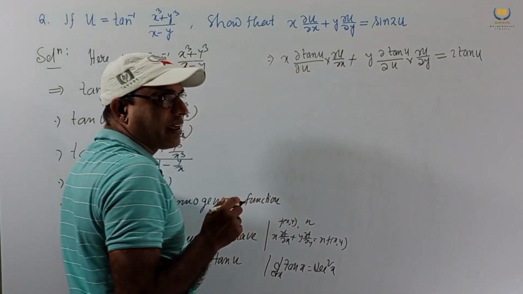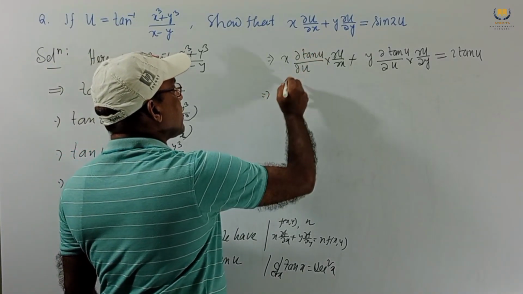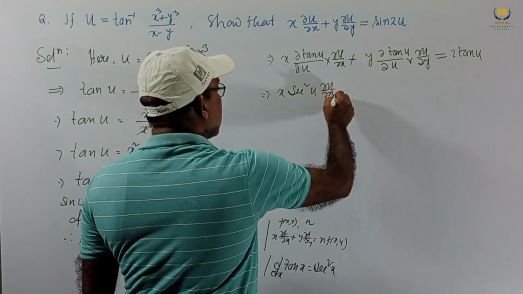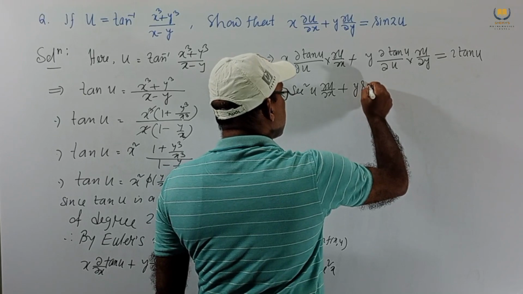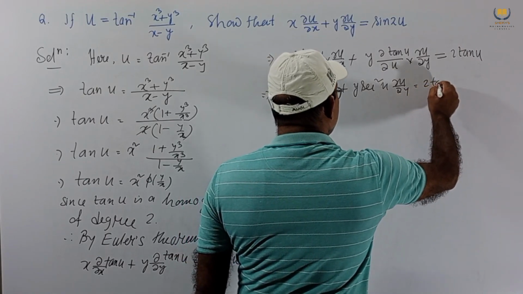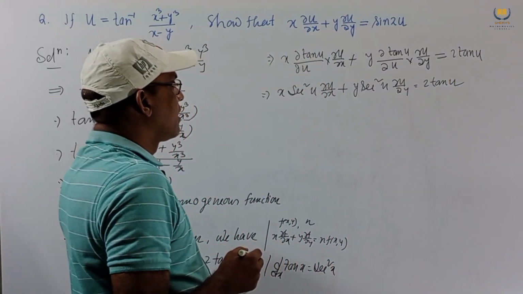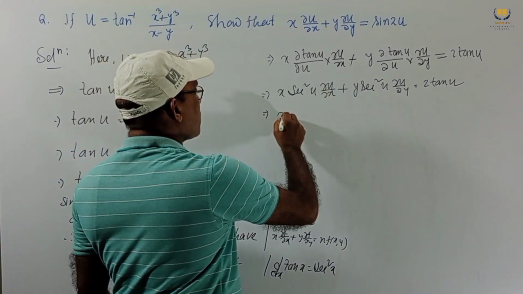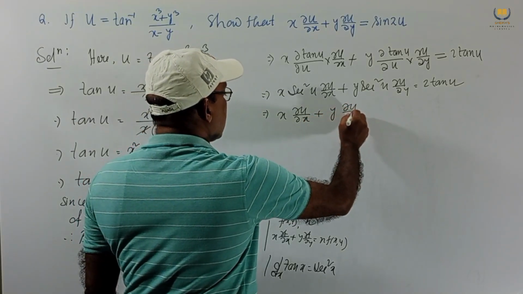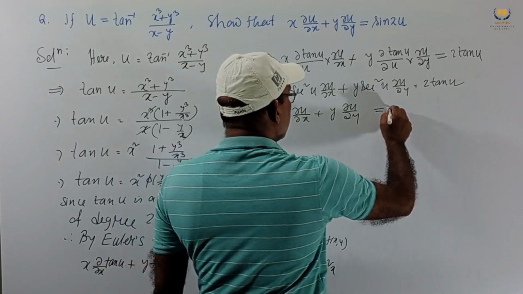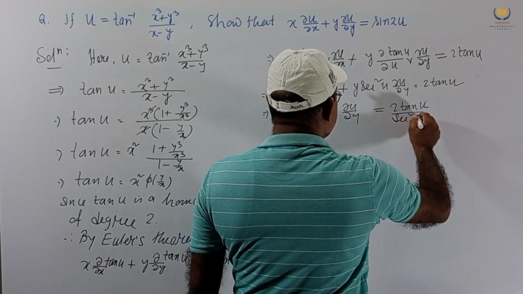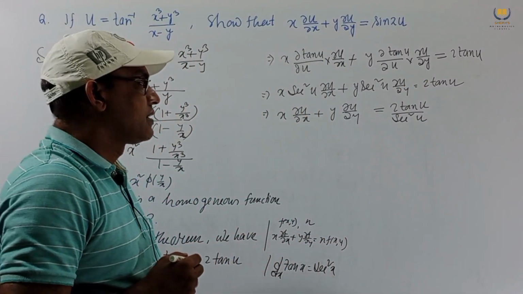So this can be written as x sec square u del u del x plus y sec square u del u del y equals 2 tan u, and dividing both sides by sec square u, we get x del u del x plus y del u del y equals 2 tan u by sec square u.